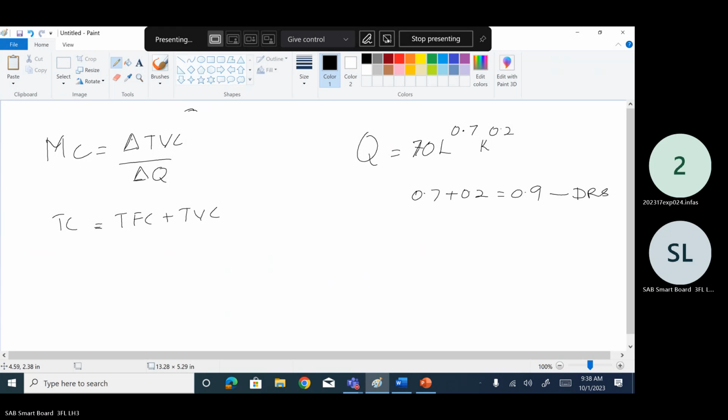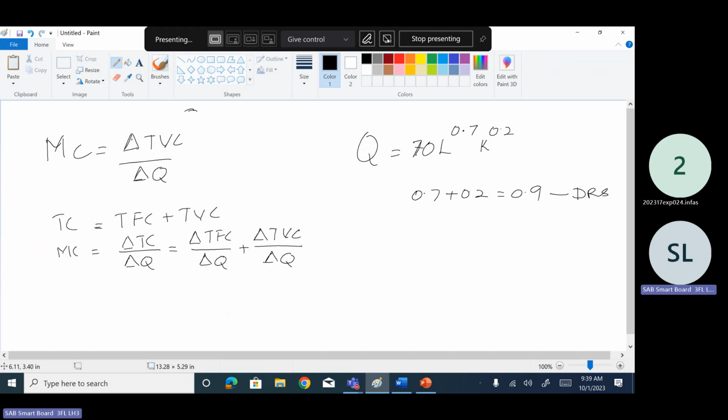So the marginal cost is the change in total cost divided by delta Q, which we can write as change in total fixed cost divided by delta Q plus change in total variable cost divided by delta Q. Is there a change in the fixed cost?